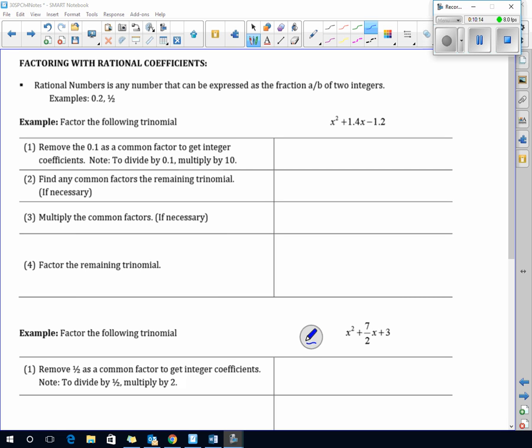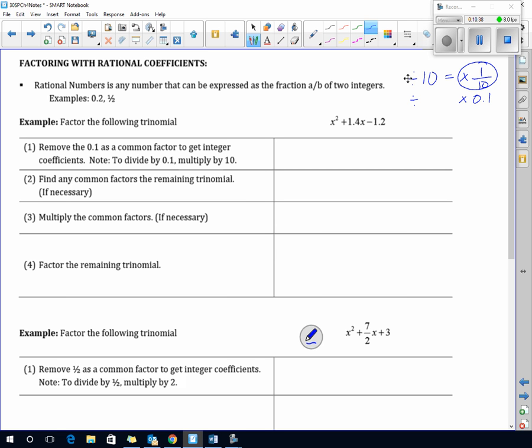Yes? Or you could say that dividing by 10 is like timesing by 0.1. Okay, so if I divide by 1/10, that's the same thing as multiplying by 10.